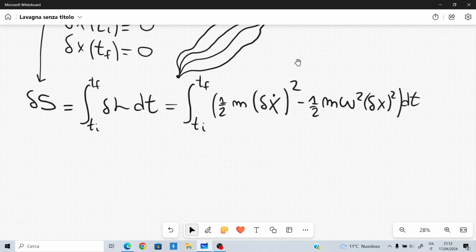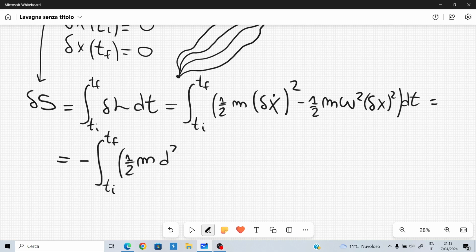So let me do one more step here. I can integrate by parts this first term and rewrite it like this. So I can rewrite the action as minus. I can factor out this minus here, but I will also get another minus from the integration by parts of this term. So I get the integral from Ti to Tf of 1/2 m, the second derivative of delta x, multiplied by delta x, right?